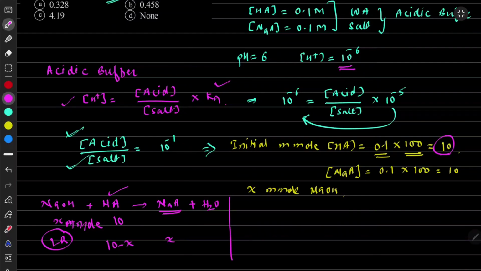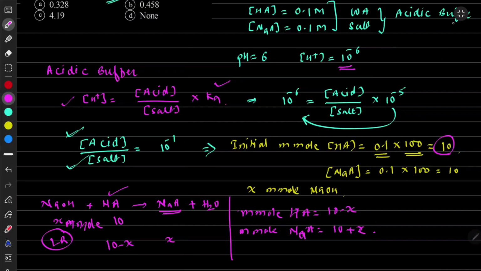So the new millimoles, that is the final millimoles of acid HA, is going to be 10 minus x, and the final millimoles of salt is going to be 10 plus x.